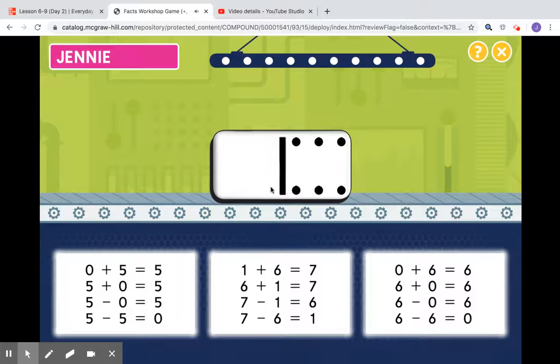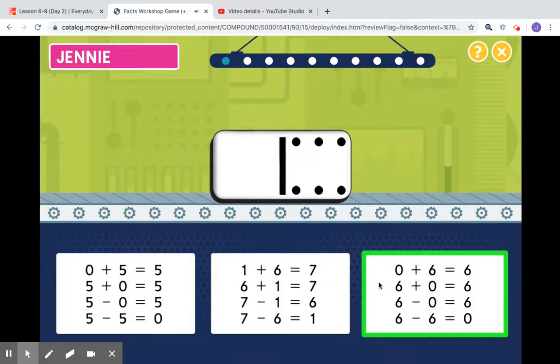Boys and girls, I don't have a 1 here, and I do have 6 here, but I do not have a 1 here. So that is not the right answer. Our third box, 0 plus 6, 6 dots, equals 6. And I know that this is the correct math facts box. Yes, that's correct.